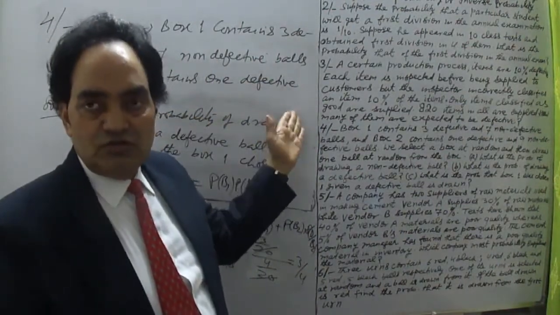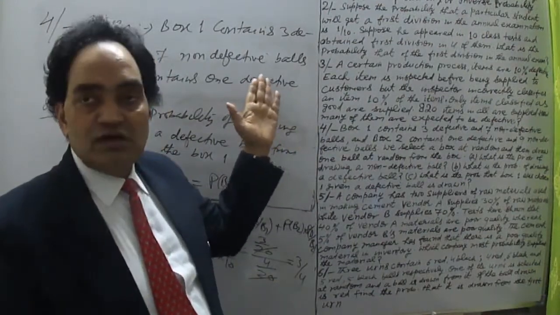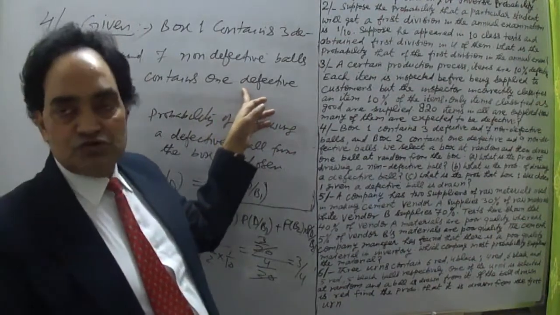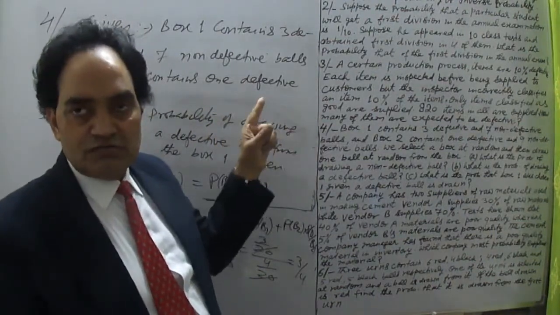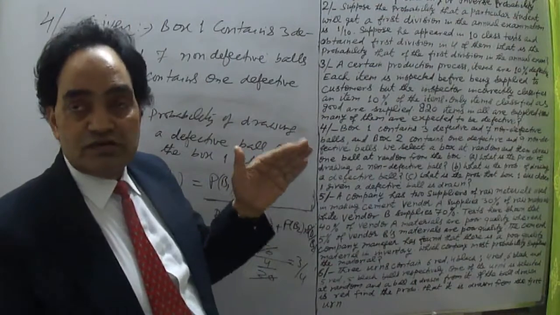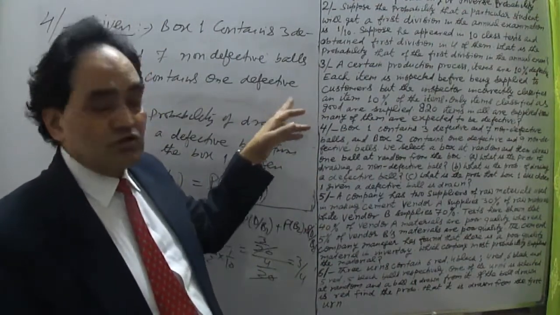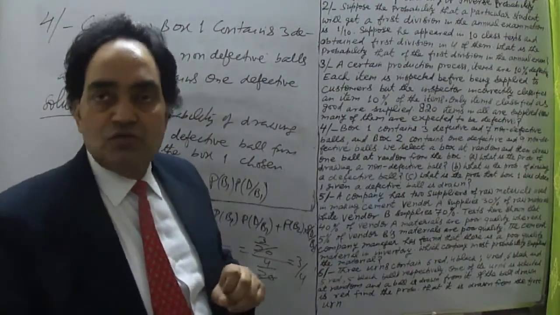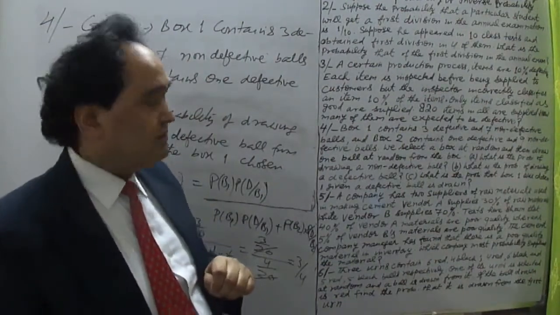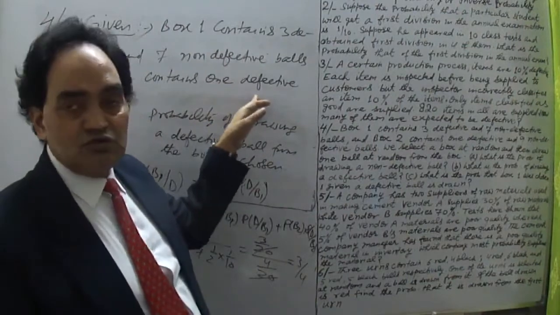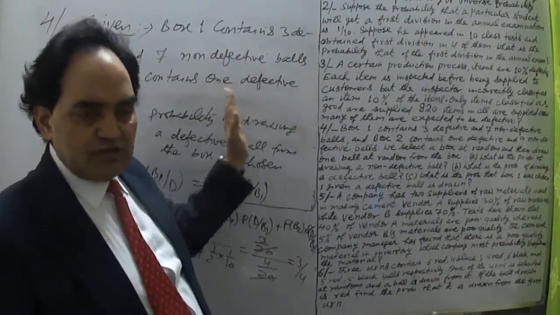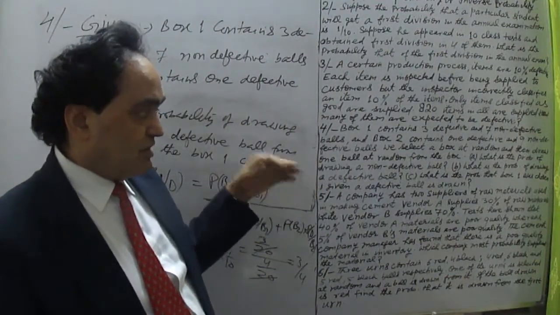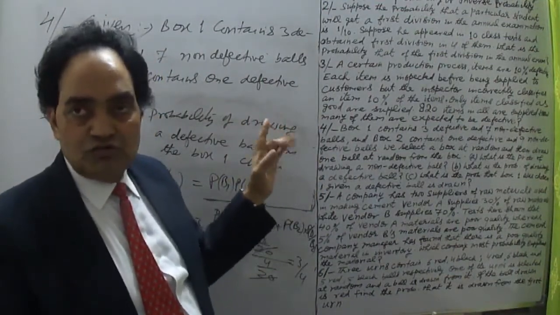In the second box, 9 non-defective balls are there. 1 is defective, 9 non-defective. So 9 upon 10 is the non-defective ball probability in box number 2. In the first box, 7 upon 10. So 1/2 into 7 upon 10 in the first box and second box, non-defective balls probability. Sum of them is 16 upon 20. So 16 upon 20 was the answer of part number A.